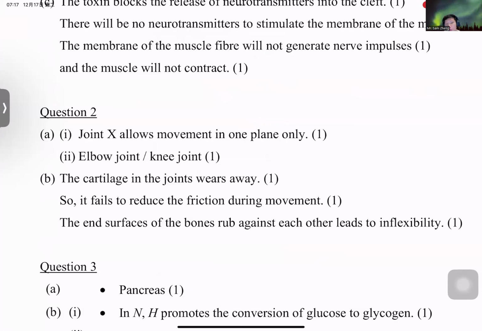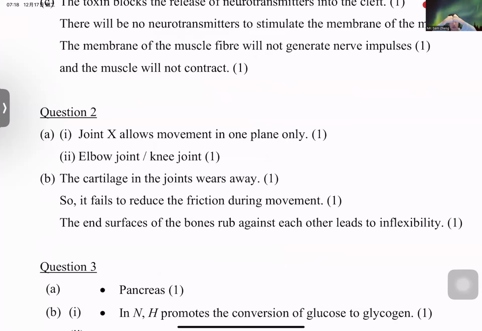But many of you could not mention how this leads to the inflexibility, because the end surfaces will rub against each other. Then as they rub against each other, is it easier for you to move? No, it is difficult for you to move when bones rub each other.